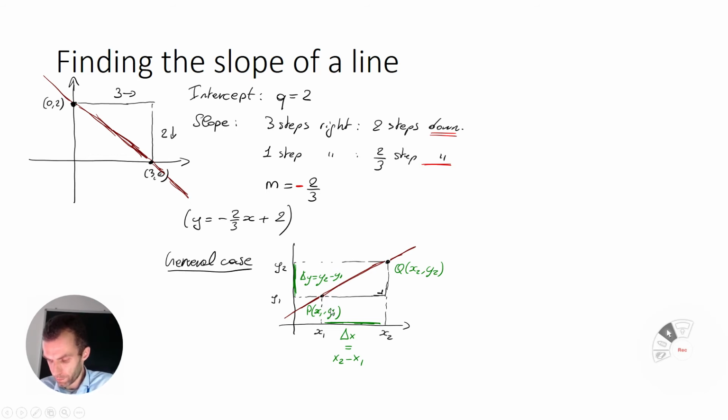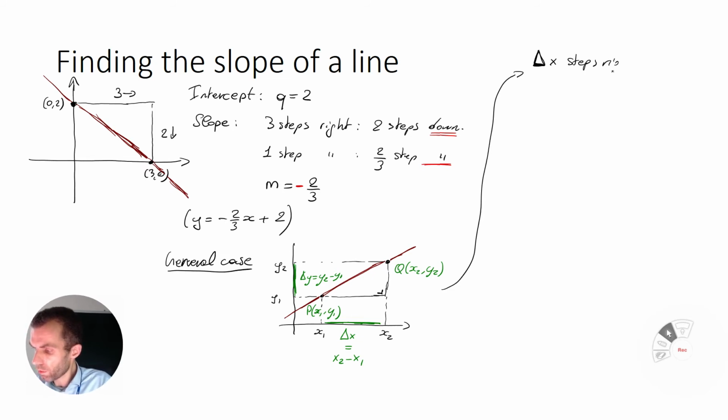So what that tells me about my slope is that if I continue on the right hand side here, if I go delta x steps to the right, then I have to go delta y steps up or down.